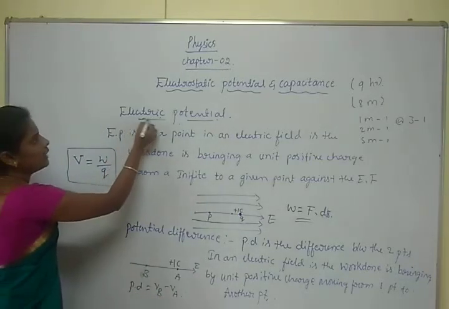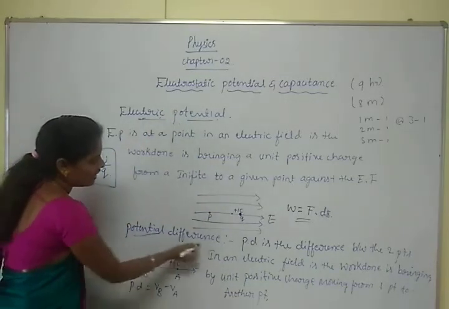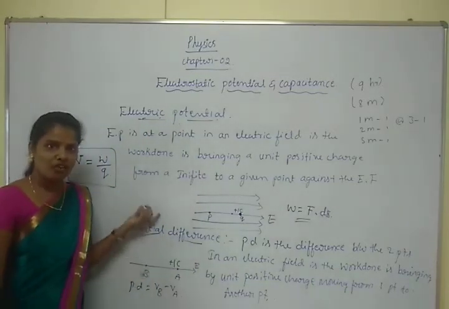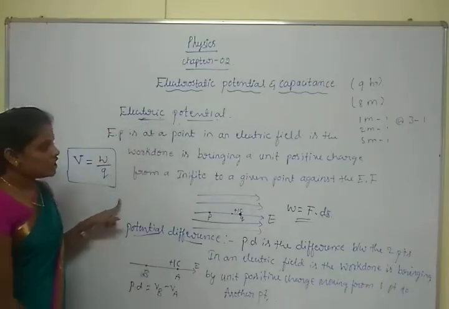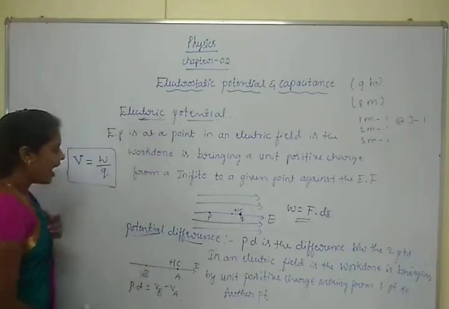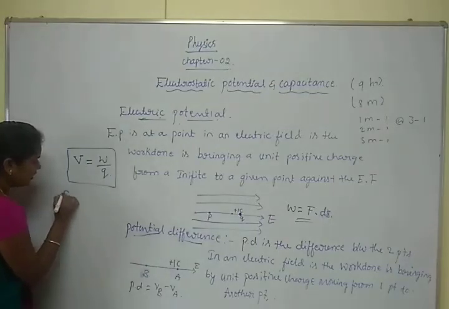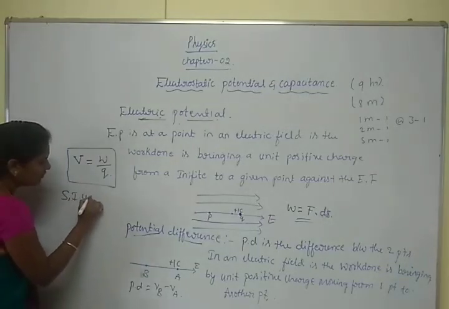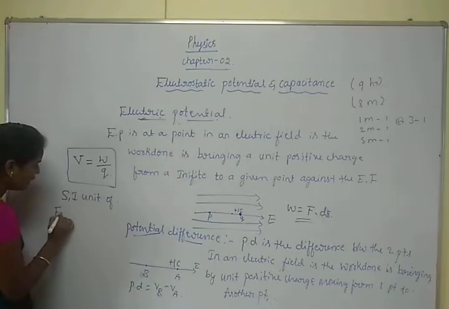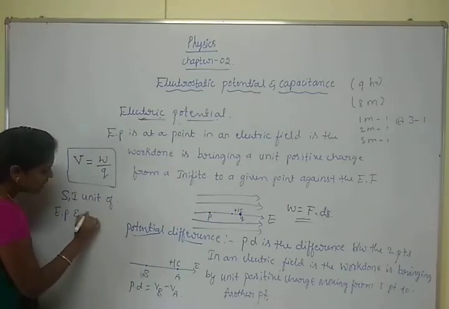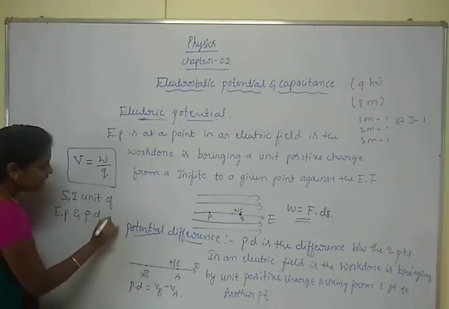Electric potential and potential difference both are scalar quantities. The SI unit of both electric potential and potential difference is volt.